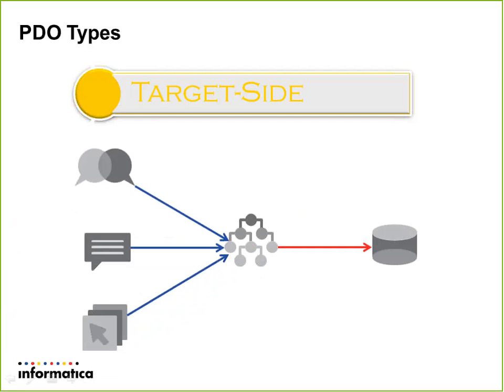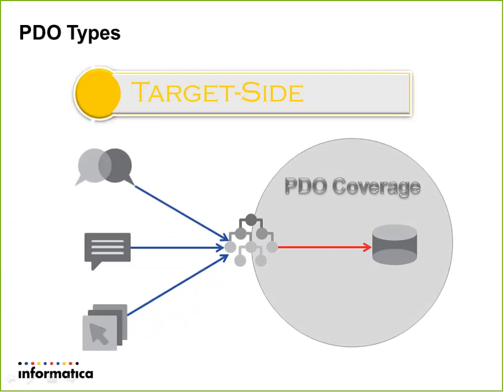It generates an insert, delete, or update statement based on the transformation logic for each transformation that it can push to the target database. The integration service processes the transformation logic up to the point that it can. Then it executes the generated SQL on the target database.